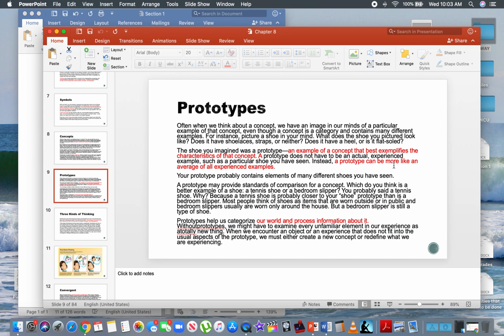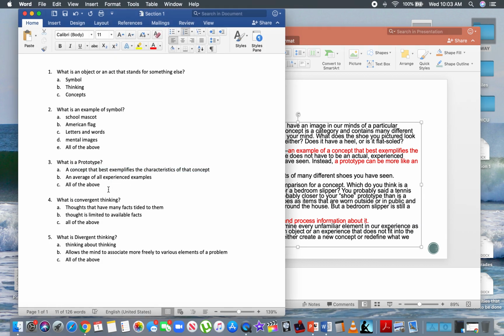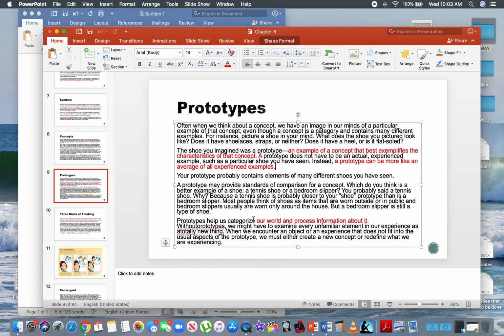Instead, a prototype can be more like an average of all the experienced examples. All right, so number three is all the above. Your prototype probably contains elements of many different shoes you have seen.